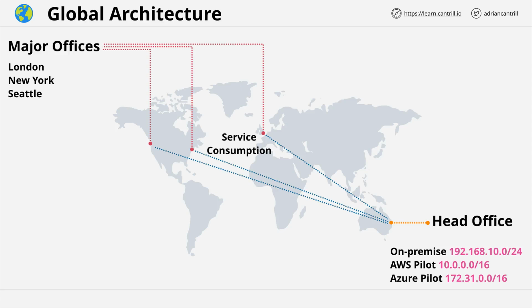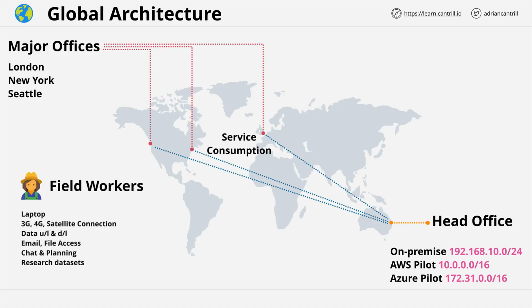Now, one fairly unique element to this type of business is that it does employ a large group of field workers who have varied skill sets and job roles. Some of these field workers are animal rights activists, some are data scientists or information gathering consultants. Some of them are working on Internet of Things projects, some on machine learning, or some doing big data projects out in the field.